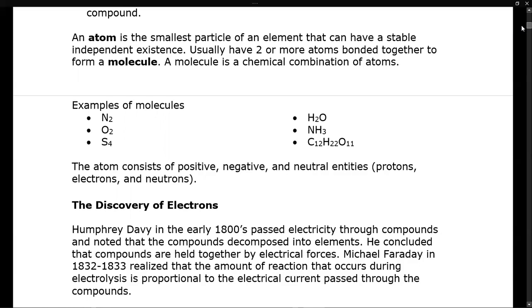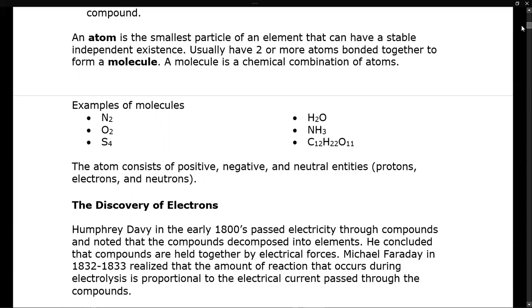So we found that the atom consists of positive, negative, and neutrally charged entities. Those are the protons, the electrons, and the neutrons. Humphrey Davy, early 1800s, found that compounds decompose into elements when you ran an electric current across it, and he concluded that those forces were electrical in nature.